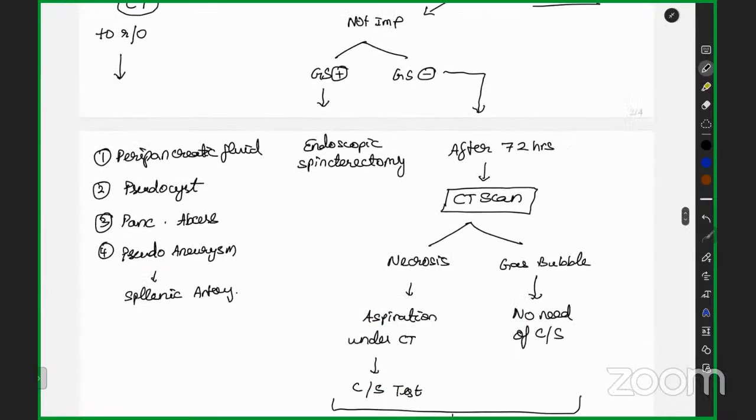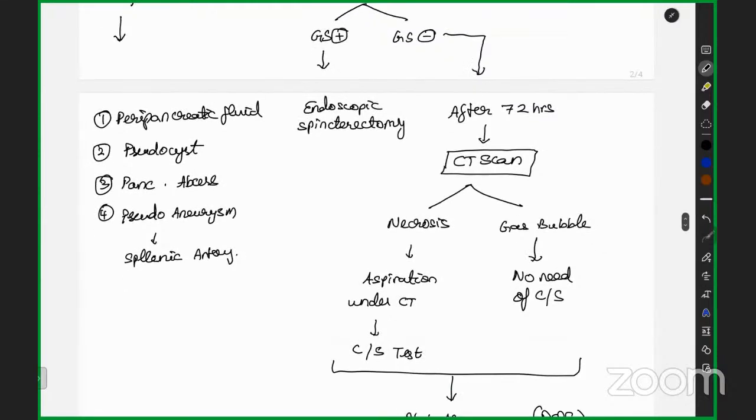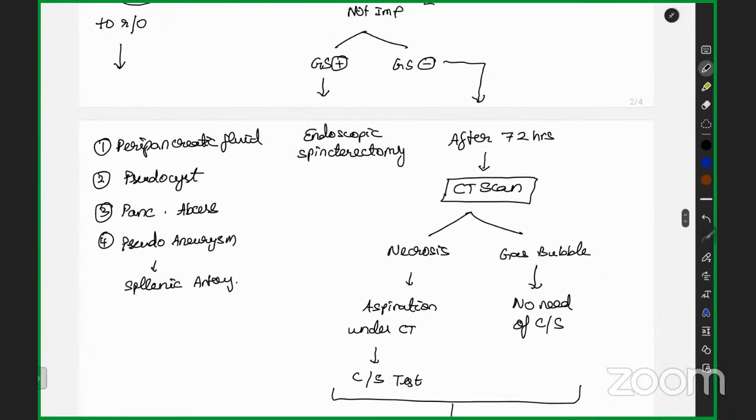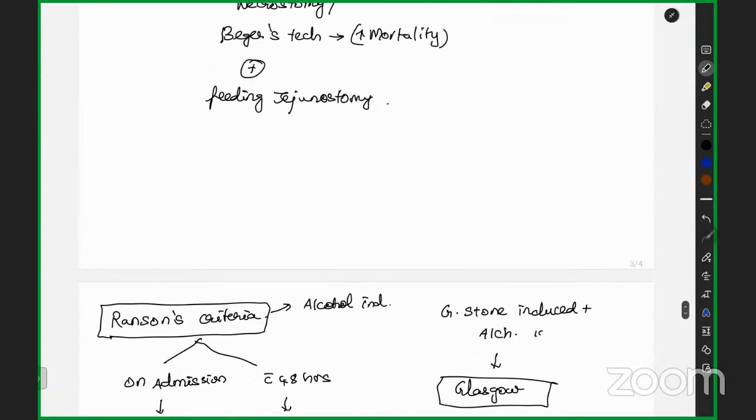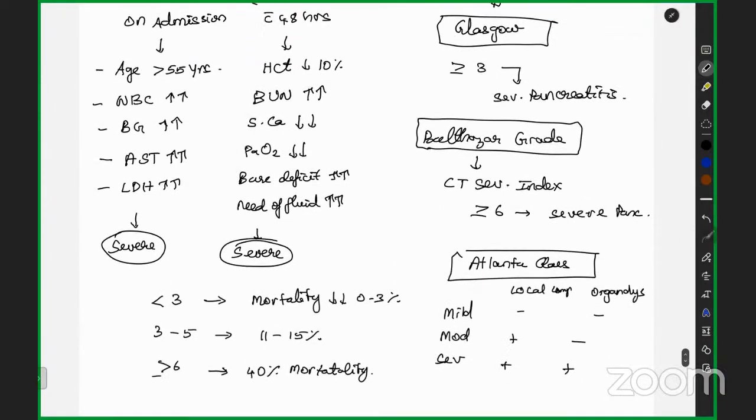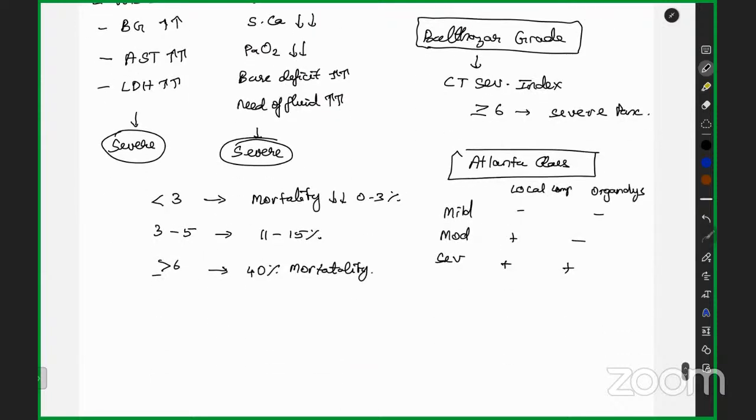Clear, right? So now you were told various other complications, right? Peripancreatic fluid, pseudocyst, pancreatic abscess can be there, splenic artery involvement can be there. So out of all these Ranson's criteria, which one is going to be the most sensitive prognostic factor? Because after 48 hours, I'm going to look for whether there is any improvement or not.